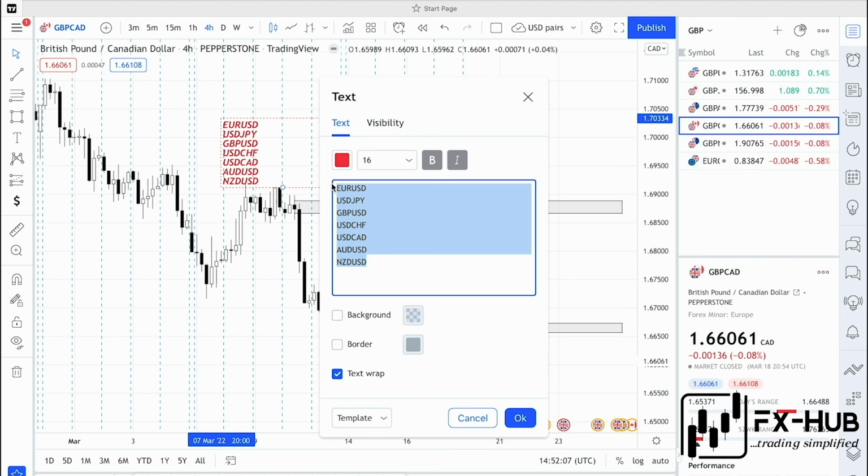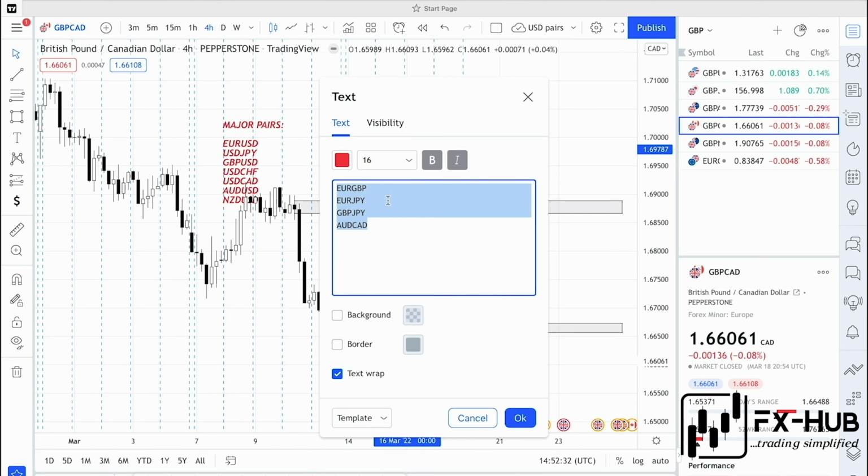These are major pairs. I mean it. These are referred to as cross pairs.